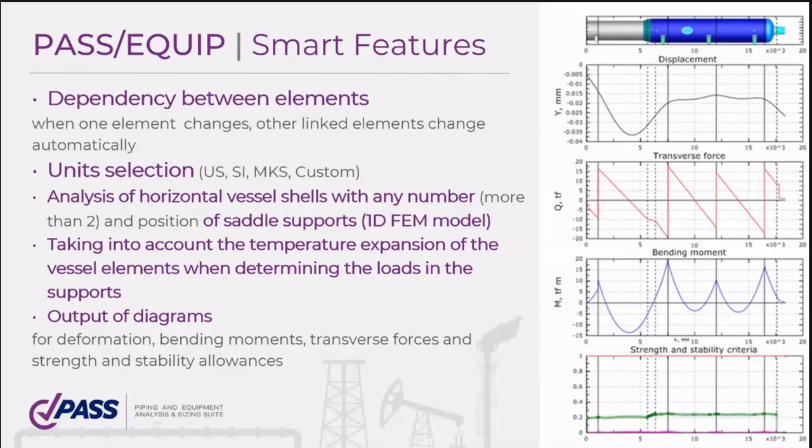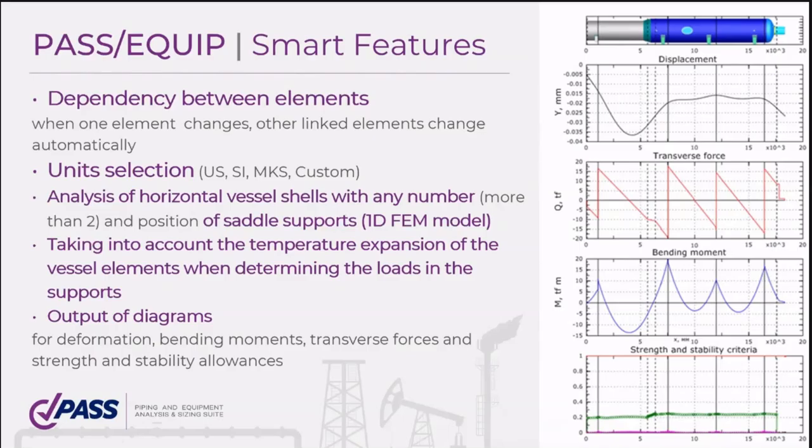And we also have dependency between elements. What it means is that if an element is connected, the program follows it. And if you change some parameters, the diameter of a shell, for example, it will automatically change the diameter of connected heads. You can select different units, metric, imperial, or your custom units, and customize them.